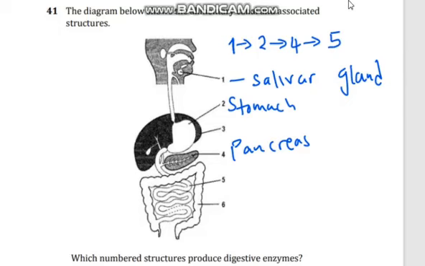Part 5 is the small intestines. Make sure that you are able to follow through. So we have answered our question 2 and we now move on to another question.